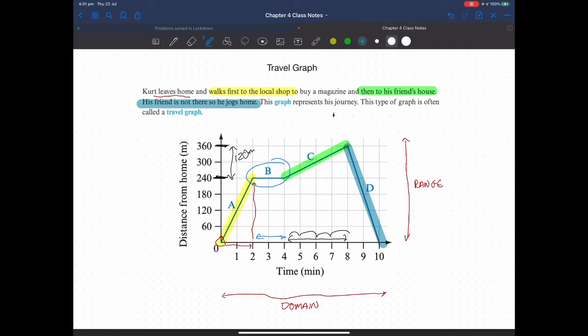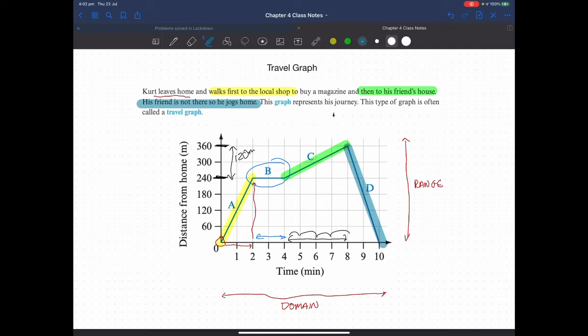What does that tell me? It tells me, firstly, that he went back from being at his friend's house, which is 360 meters from his house, back to his own house. So his own house, he got there at the number 10. So he's no distance from his house, he's back to his own house.